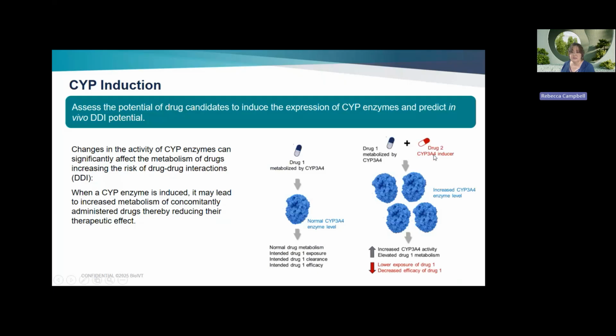Now, if a patient takes drug 1 and drug 2, the situation can change. In this case, drug 2 is a CYP3A4 inducer, which will lead to an increase of CYP3A4 enzyme and normally to an increase in activity as well. As a result, drug 1 will be metabolized faster, and that means that there's a shorter exposure of drug 1 in the body, and therefore efficacy is likely to be reduced.